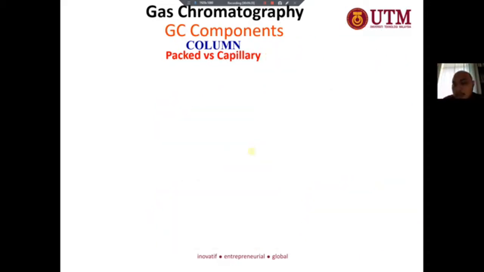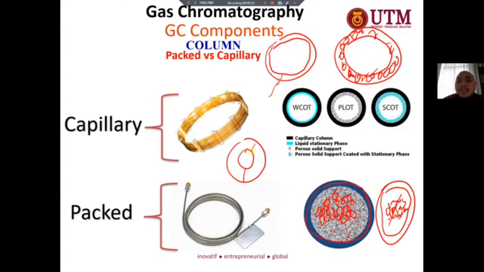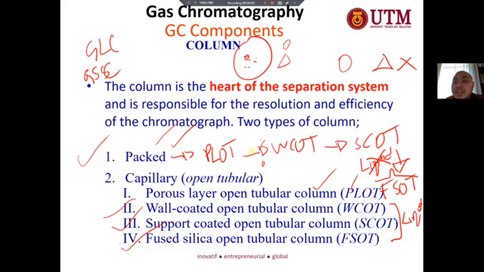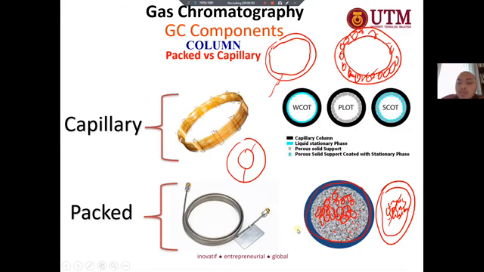Before we go further later on, just to make you understand, because I have mentioned the fused silica open tubular column right here, I want to directly mention why we need the fused silica. Fused silica means that we have the open tubular column over here, we have the stationary phase over here, and then we have the fused silica over here, and then we have the wall.